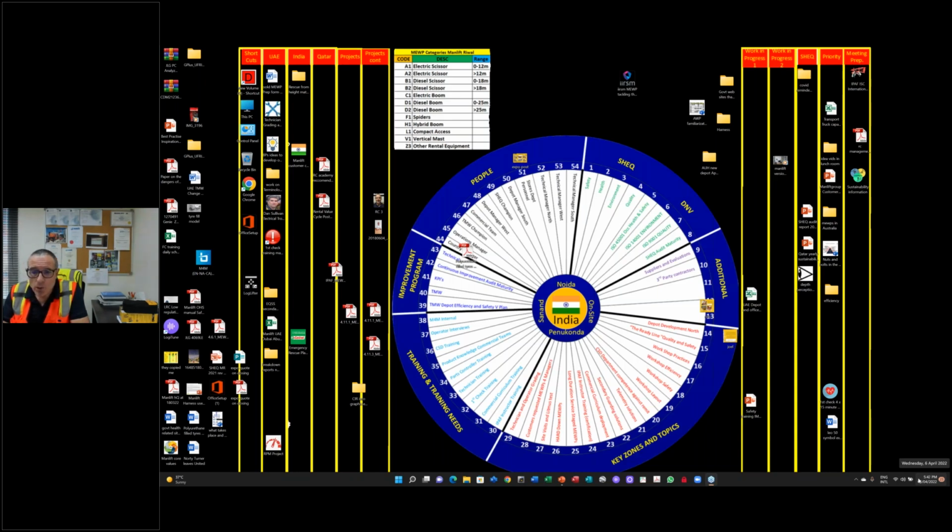MEWPs have what they call mobile audible alarms. They have visual and they have audible alarms for moving backwards and forwards, for lowering the platform, and indeed if they get into an out-of-level situation, they have audible alarms. And these audible alarms are at a specific decibel level so that an operator, if he's 60 feet in the air, for example, can hear them. And also if someone's walking by the MEWP and can't see it, they can hear it coming, so they're not crushed, for example.